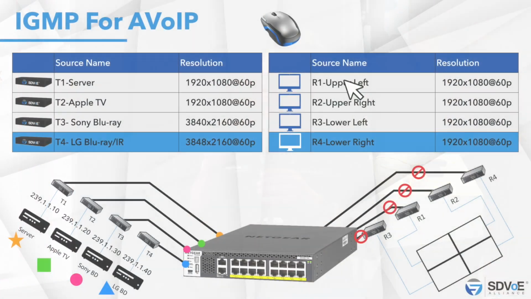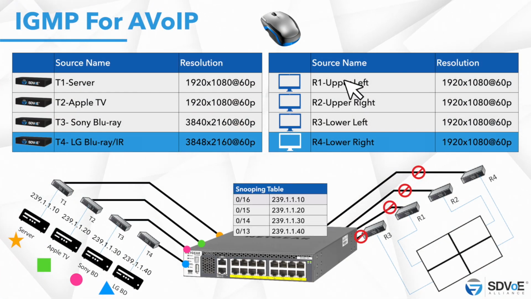So the IGMP general report from receiver 1 is saying, I want 239.1.1.10, because that's the multicast stream coming from the server. And immediately on the switch, you have the IGMP group snooping table doing the group with the port 16 where the R1 is, and the 239.1.1.10. You now see those white packets flowing to their destination.